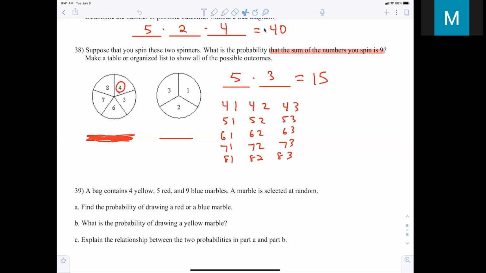Those are our numbers. Does everybody see that? If you add those up, there's 15 choices, which is what we said.